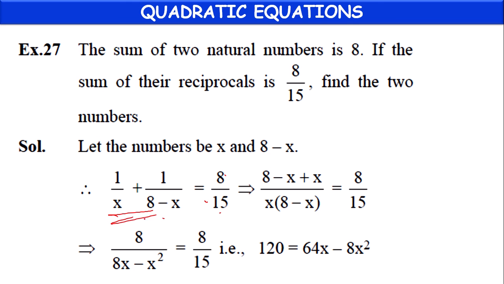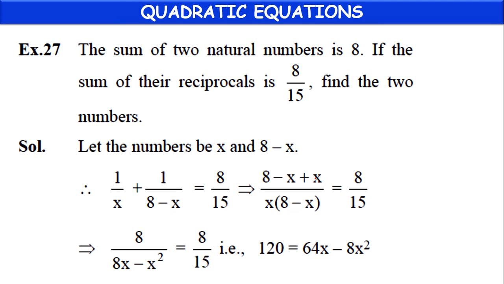Now children, if you take the LCM, x into 8 minus x is the LCM. Here x is there, the remaining term is 8 minus x, with that we multiply 1, so 8 minus x goes in the numerator. And here 8 minus x is there, x is missing, so with that x we multiply 1, x into 1.